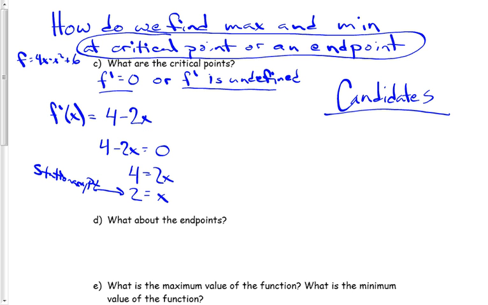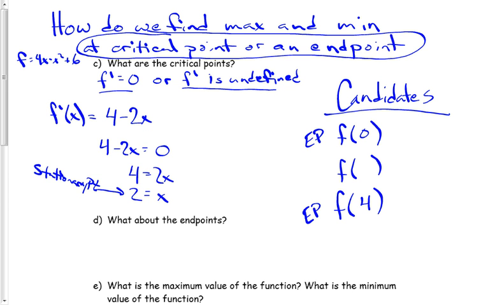The max might occur at a critical value, it might occur at an endpoint. Same with the min. So I like to write this. The candidates for this would be endpoint, f of 0, endpoint, f of 4. That's an endpoint, that's an endpoint.